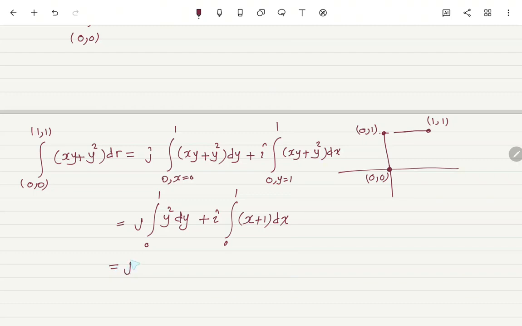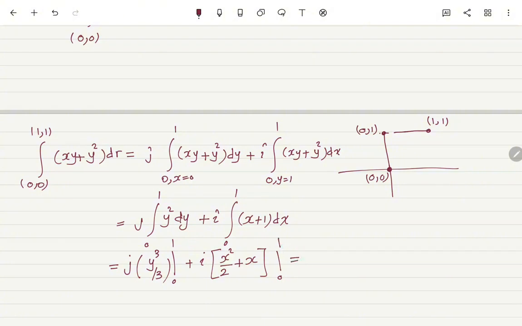equal to j, y cubed over 3 from 0 to 1, plus i, x squared over 2 plus x from 0 to 1.